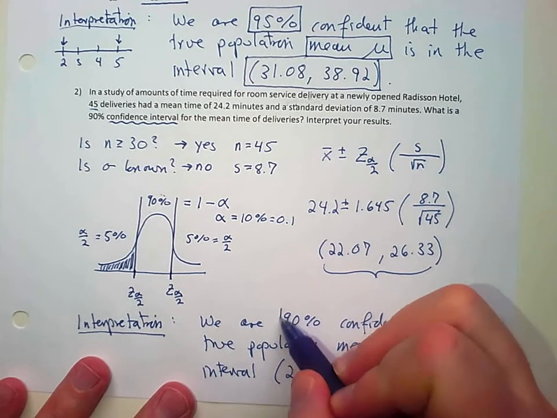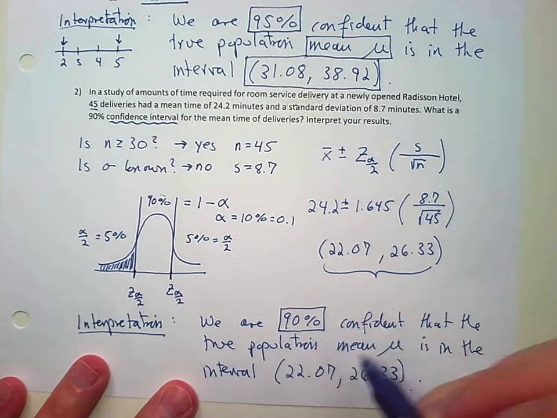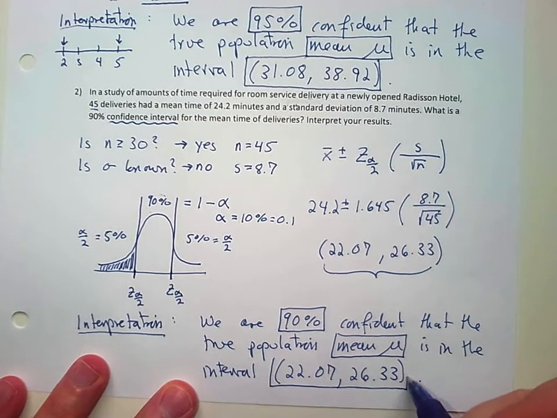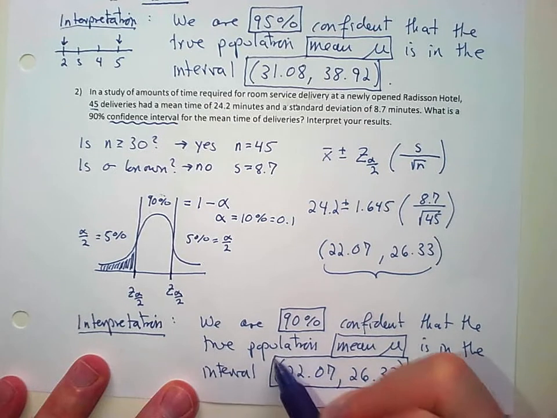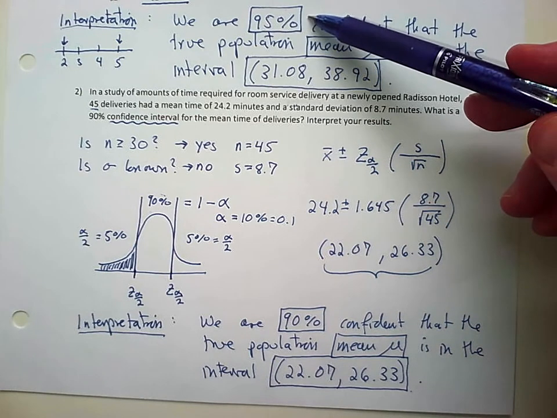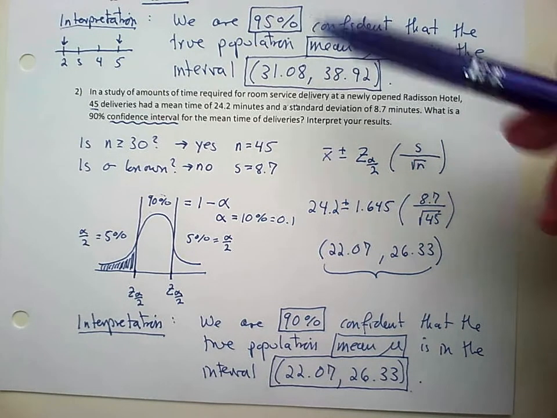And again, we have the exact same sentence. The only things that will ever potentially change in the sentence, at least in this class, are these three things that I just surrounded by those boxes. Here we have a 90% confidence level instead of a 95% confidence level like we did before.